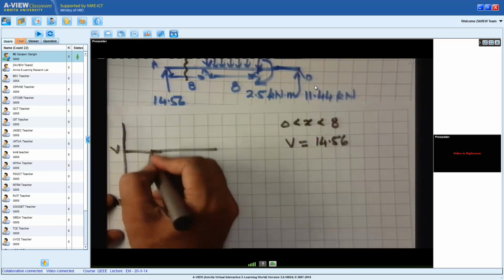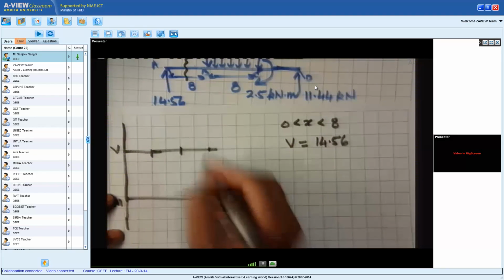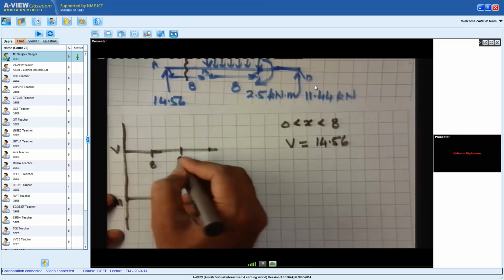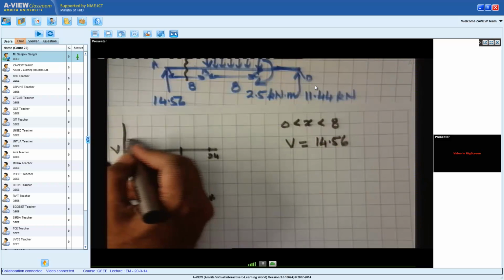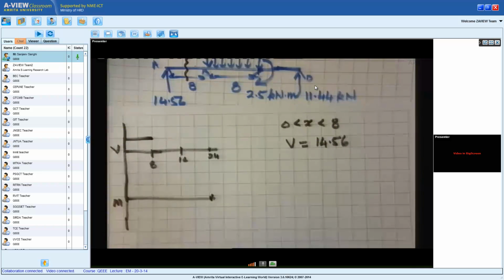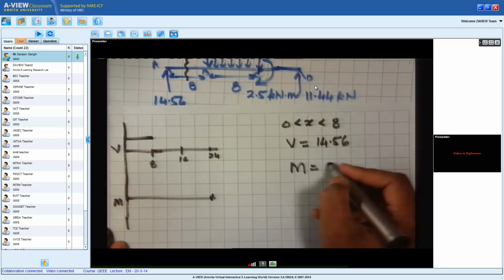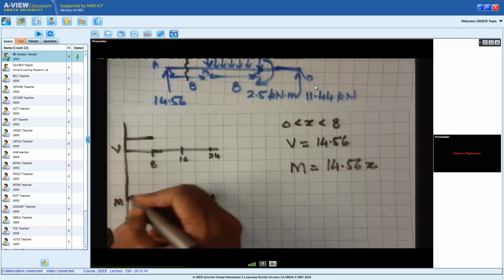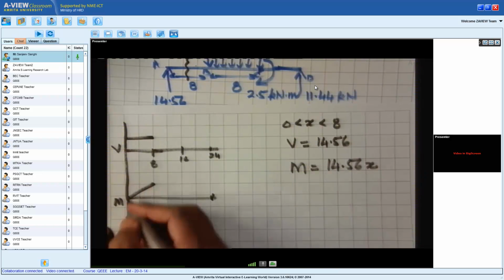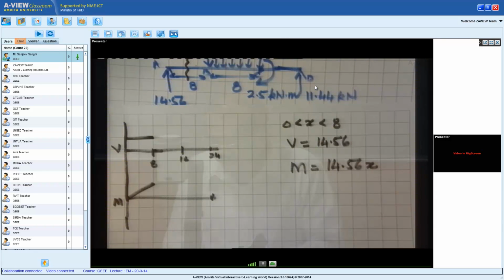When I go from 0 to 8, each of these two units here is 8, so this is 8, 16, 24. So from 0 to 8, the shear force is 14.56. The bending moment M will be 14.56x. It's a straight line starting from 0 because there's a point support, there is no moment, and the moment comes out to be 14.56x.